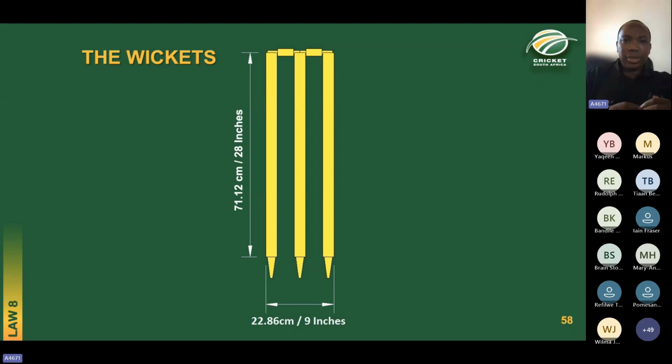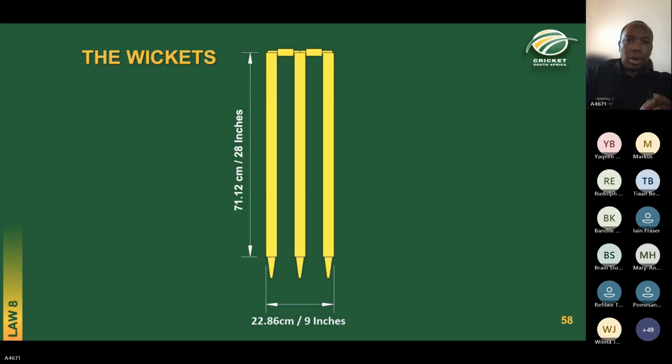However, it is critical for practical purposes that you know what adult sized stumps look like, because you do find in South Africa, at least, there are smaller mini cricket stumps in circulation. Just make sure if you are umpiring an outdoor full pitch length match that you have adult stumps pitched into the ground.